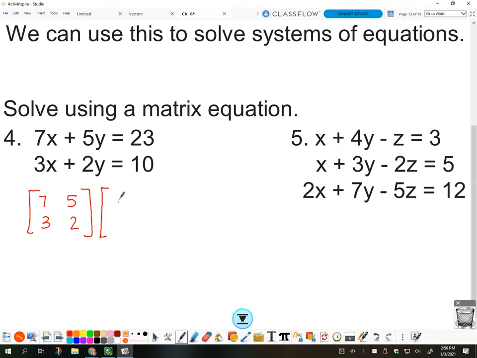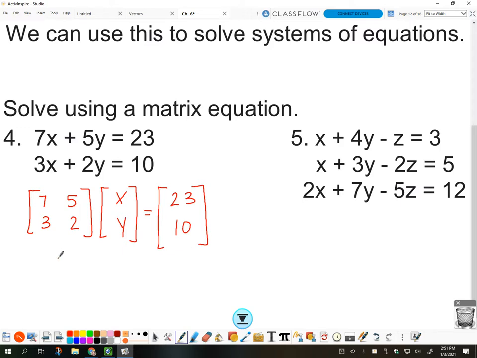Then you need a matrix of your variables. So x, y in a column, equal to a matrix of your constants.